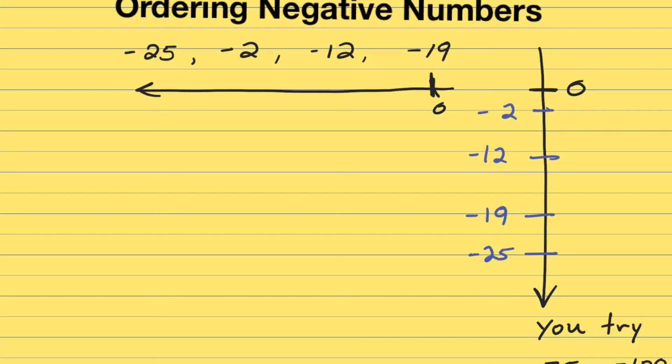So those are below 0, and as you go below 0, the numbers get smaller. And if you had those same numbers put on the horizontal number line, they would still line up. The smallest number is the farthest number away from 0.